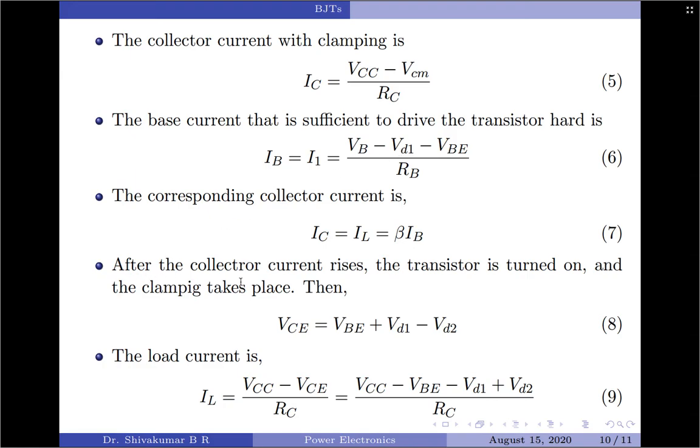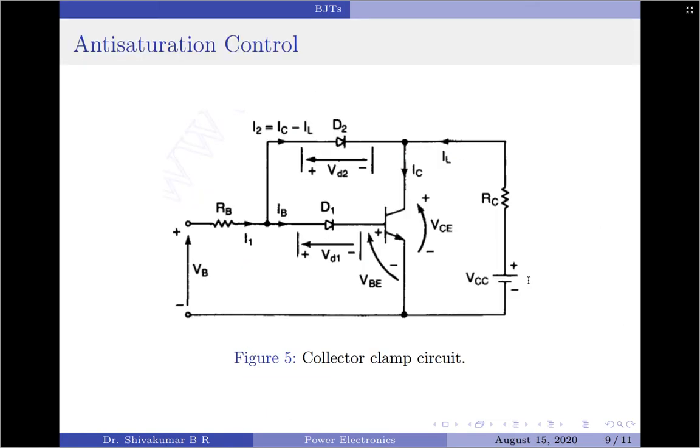Now after the collector current rises, the transistor is turned on and the clamping takes place. And when the clamping takes place, the overall voltage across the collector to emitter, now we are looking into these two terminals, is given by VBE plus VD1 minus VD2.